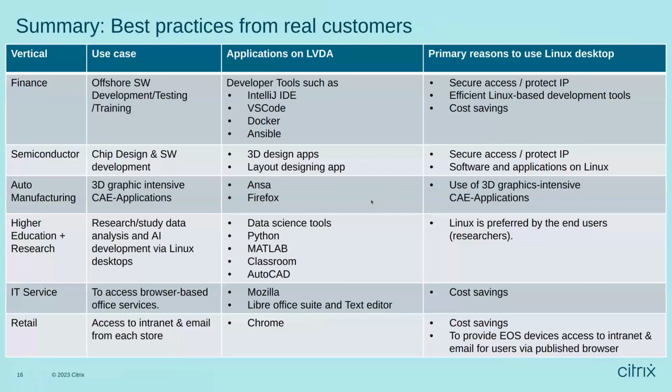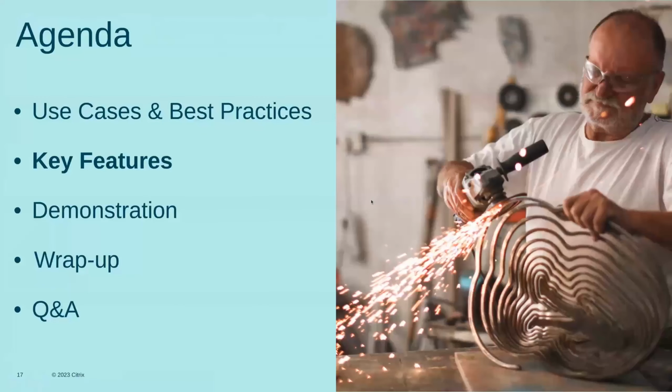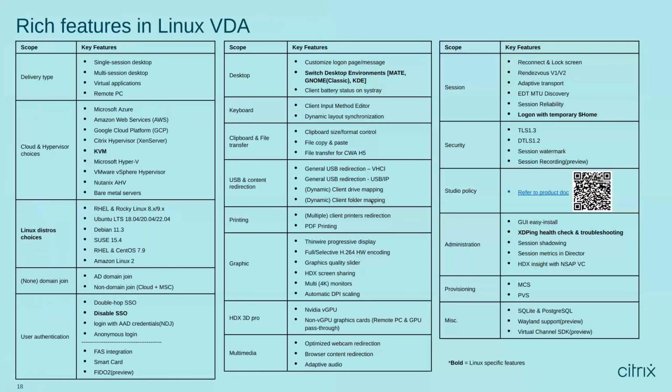Okay, so let's move to the key features to see how Citrix Linux VDA can support those business use cases. This page looks very busy, yeah? I don't want to go through all the details, but I really want to emphasize, first, there are a lot of choices for our customers.